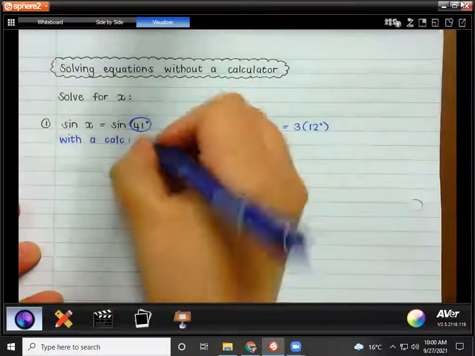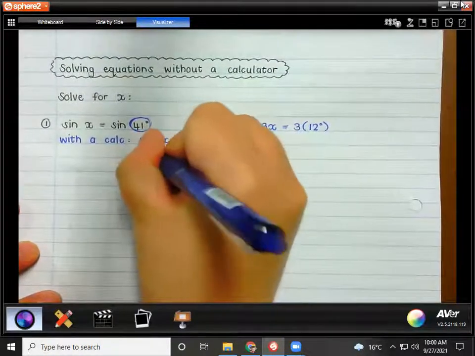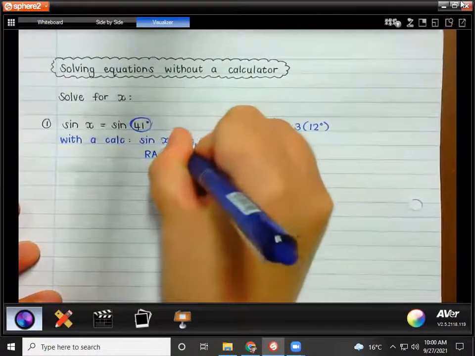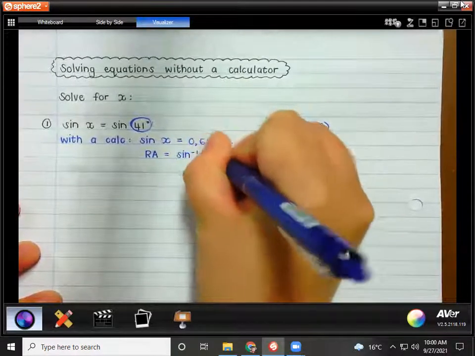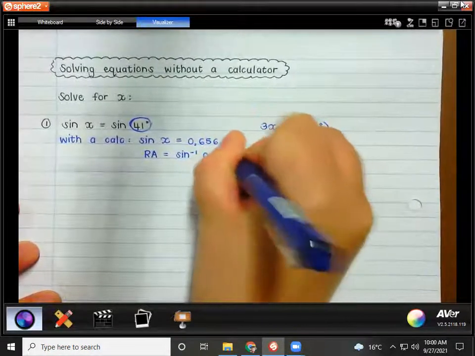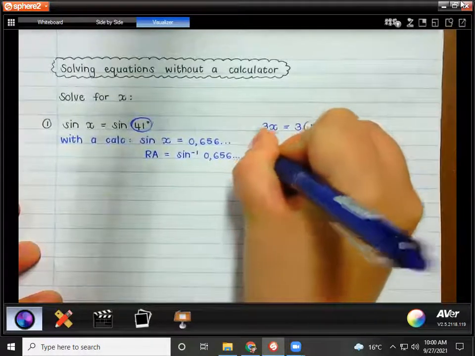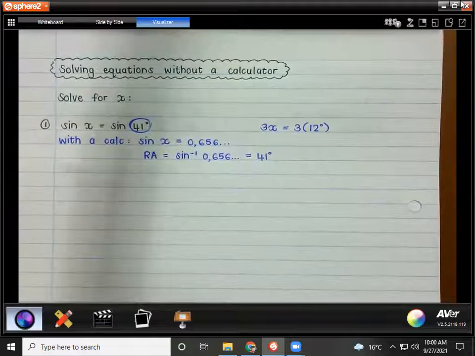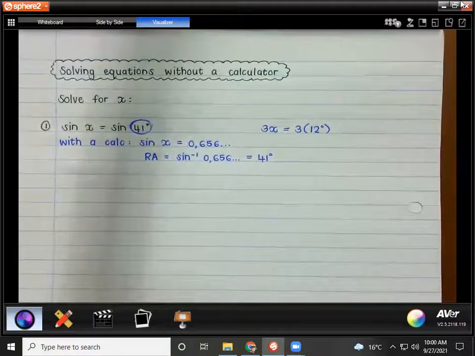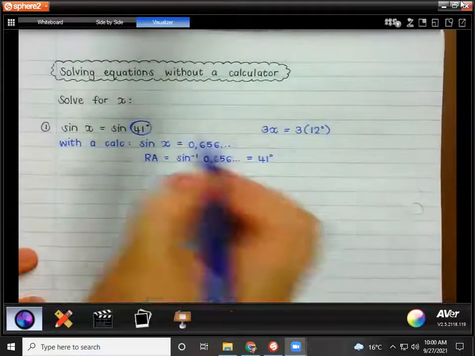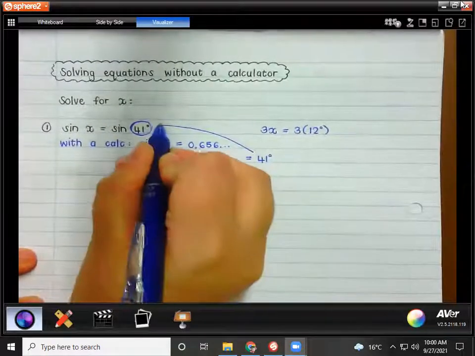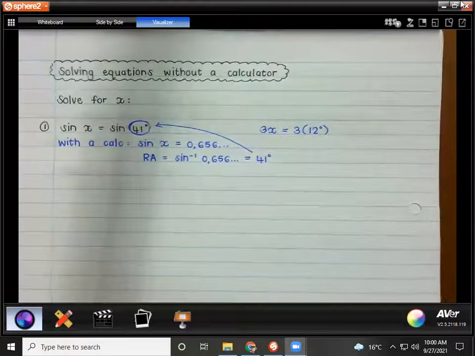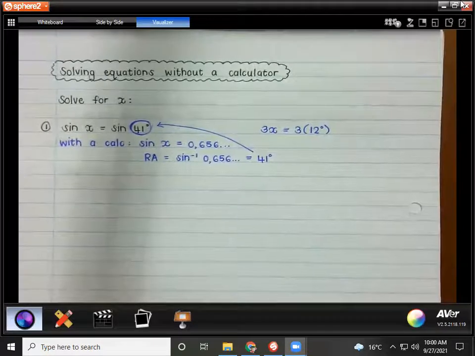Okay, so I'm just going to write here. You would then say reference angle is shift sine of 0,656, which is then 41 degrees. Which is this number there. So guys, you need to actually be able to identify that.